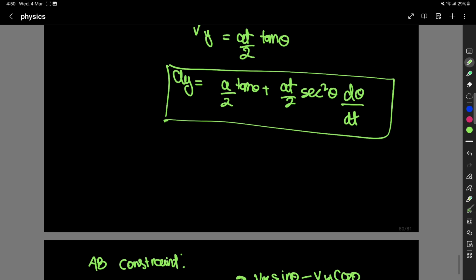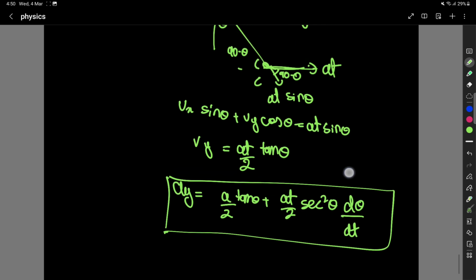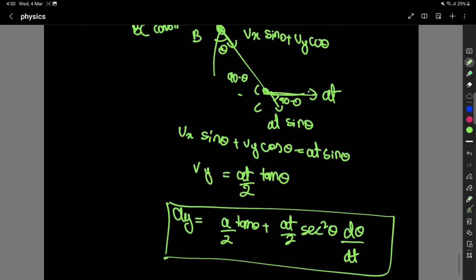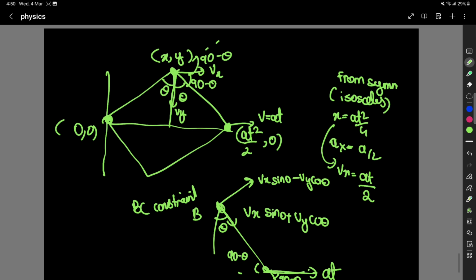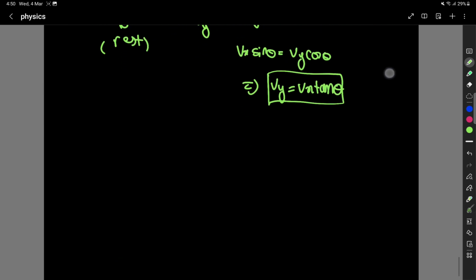So now how do we solve for this d theta by dt? That's the one making the problem. We can tell one more thing: here we'll get the third constraint.